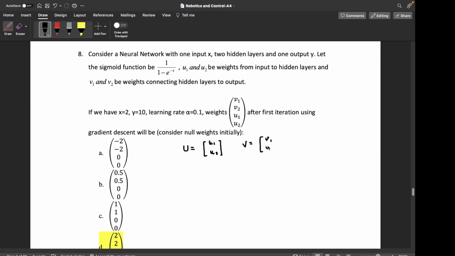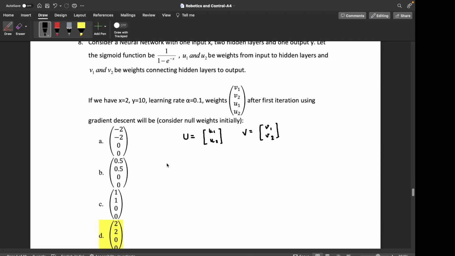So these are the weight vectors. Then what you do in gradient descent, at the k plus 1th iteration, the value is given as the value at the kth iteration minus alpha times, alpha is the learning rate, the derivative of u at the kth time step, right?